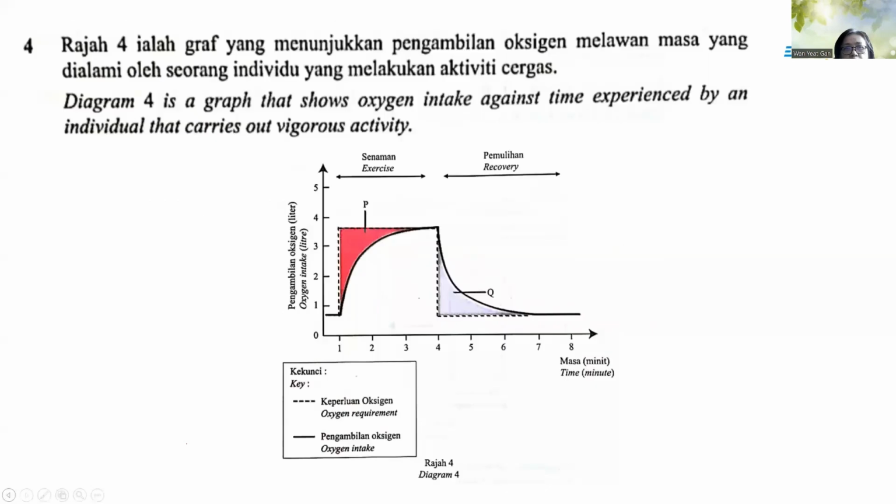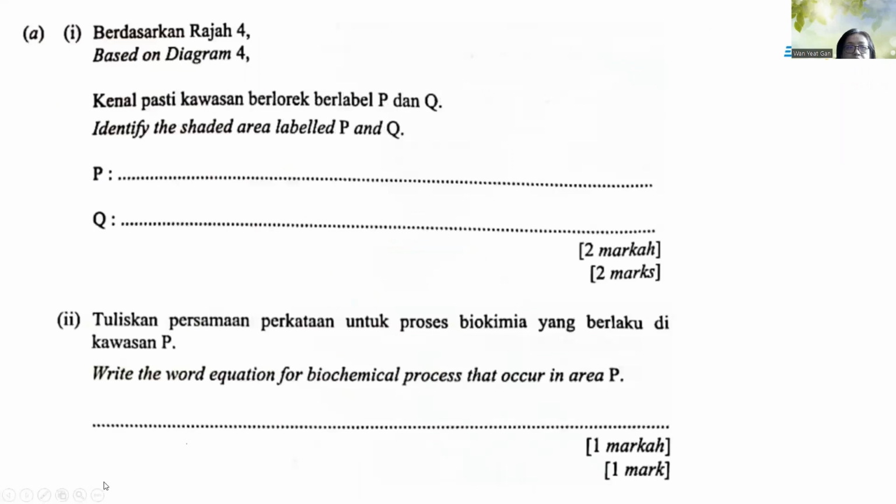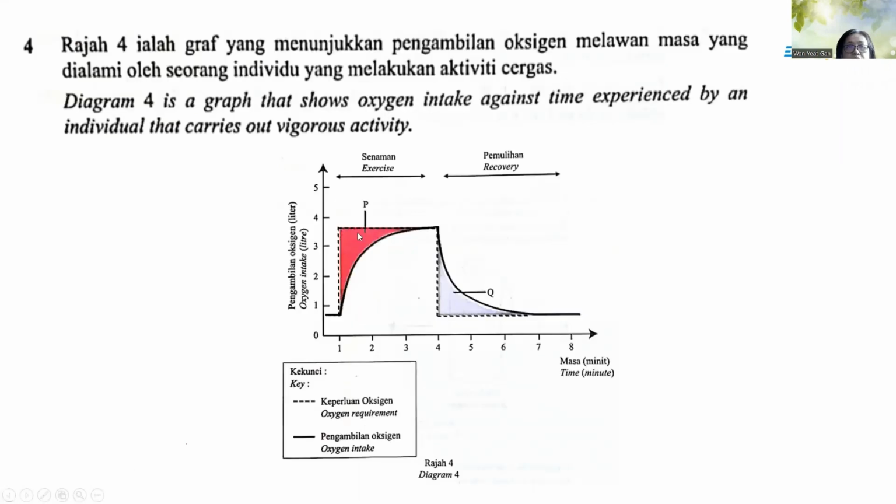Look back at the graph here. You see P here. The amount of oxygen that is insufficient is the shaded red in color, while the purple color here is the amount of oxygen needed to pay back that oxygen debt that was incurred during exercise.